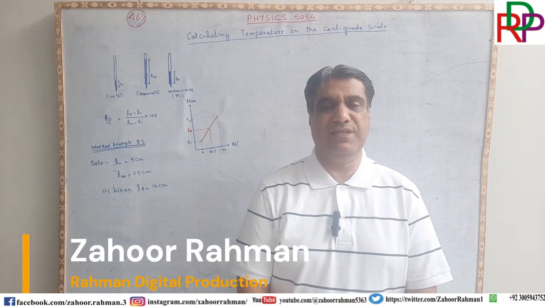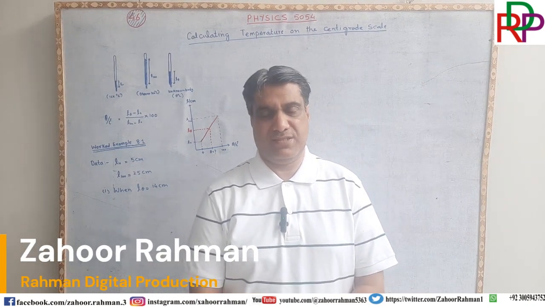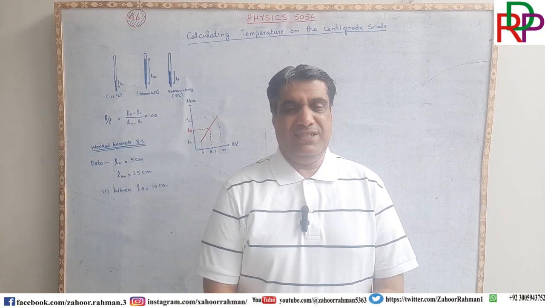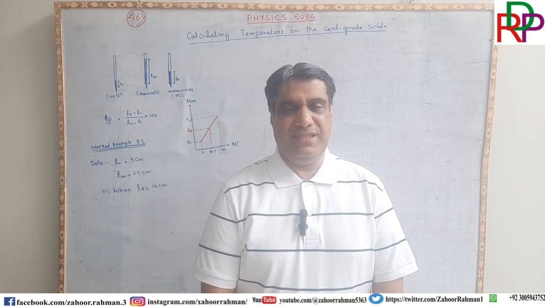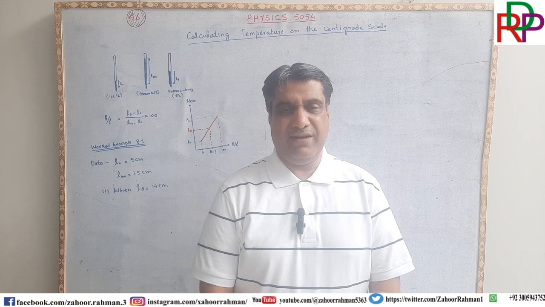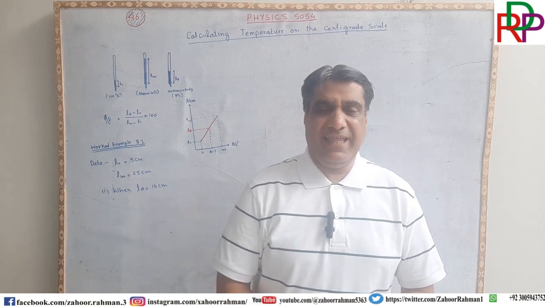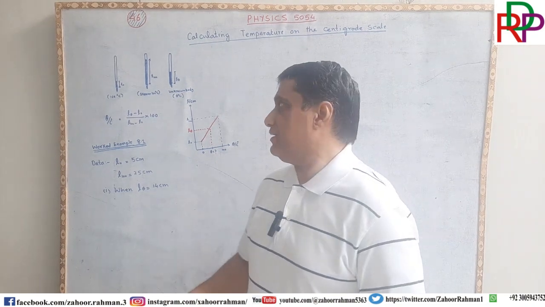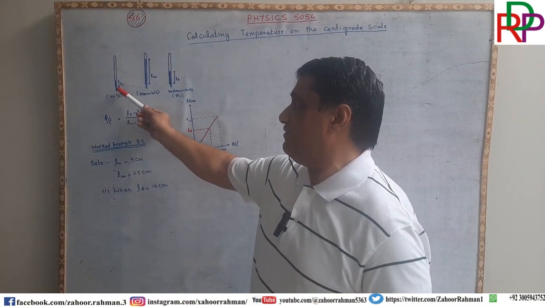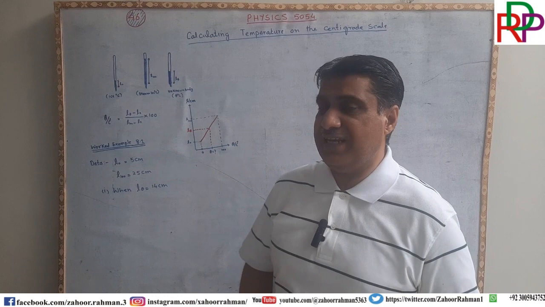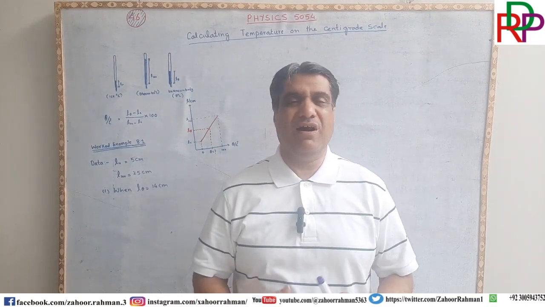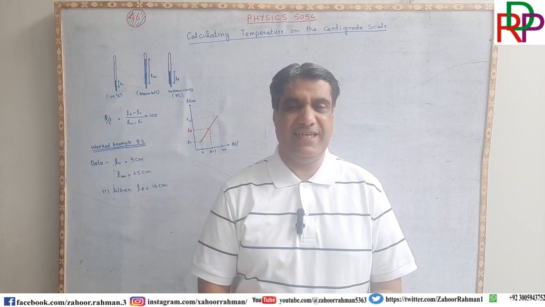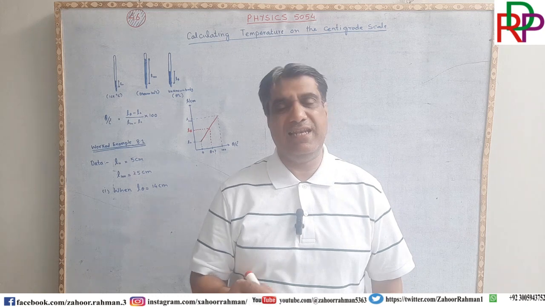How will we measure the length of the mercury? First of all, we have to immerse the thermometer in the pure melting ice water, and then we will mark that as L0, or you can say L naught.